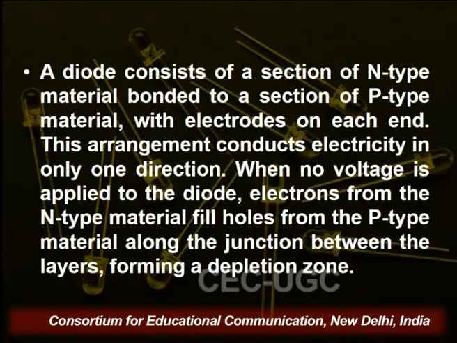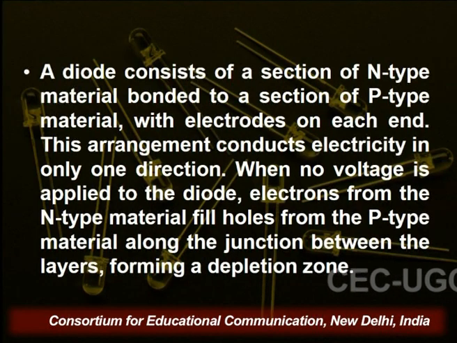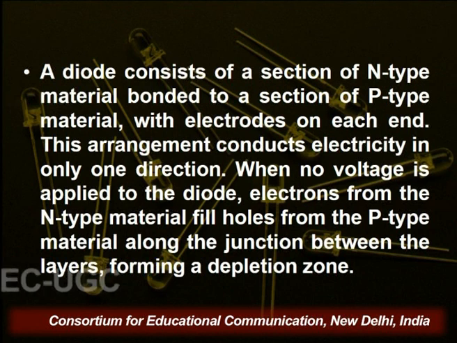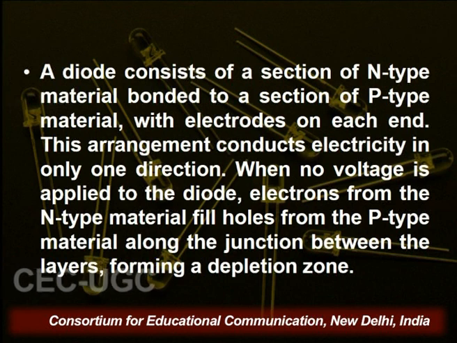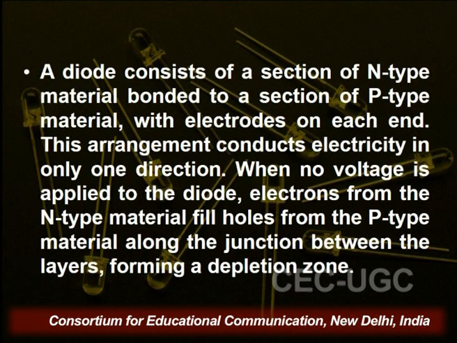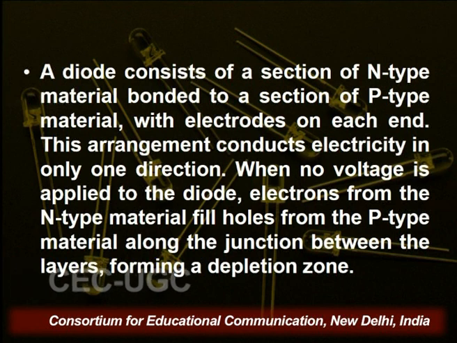So a diode consists of a section of N type material bonded to a section of P type material with electrodes on each end, that is the cathode and anode. This arrangement conducts electricity in only one direction. When no voltage is applied to the diode, electrons from the N type material fill the holes from the P type material.